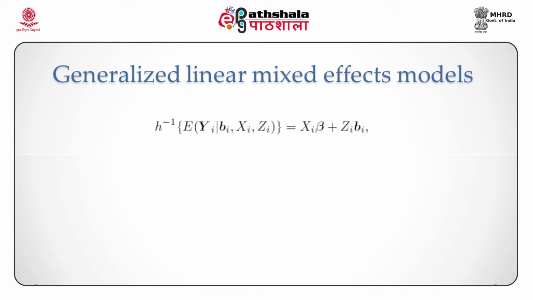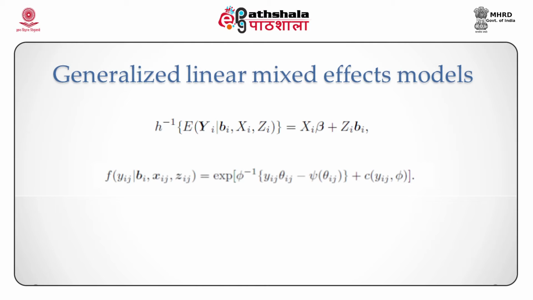We assume in general that yi arises from the one parameter exponential family, that is f of yij given bi, xij, zij is equal to exponential phi inverse (yij theta ij minus psi of theta ij) plus c(yij, phi).